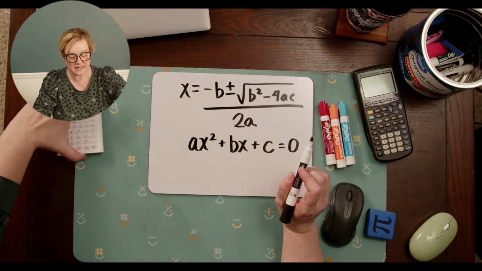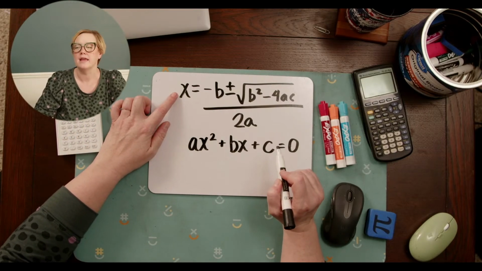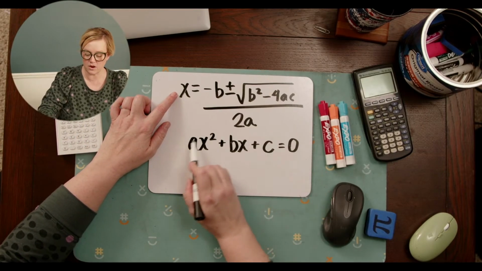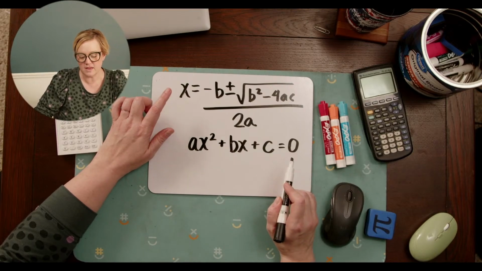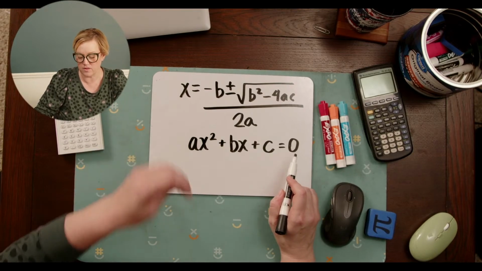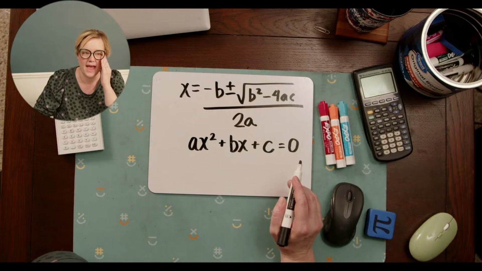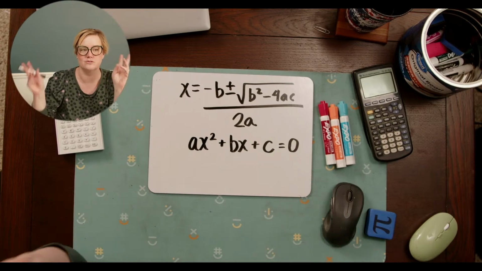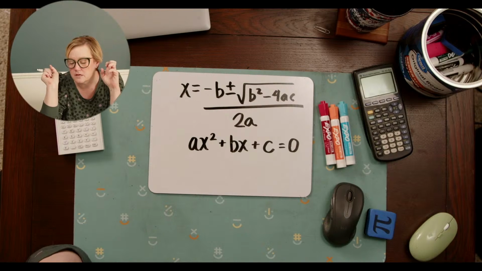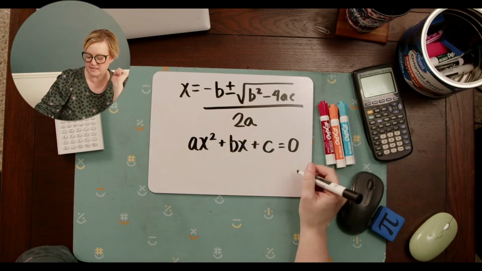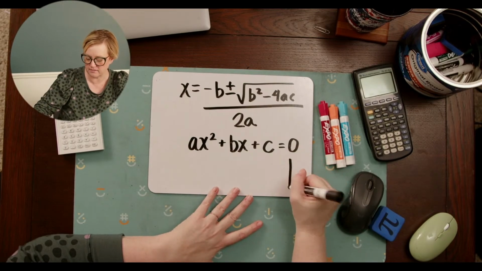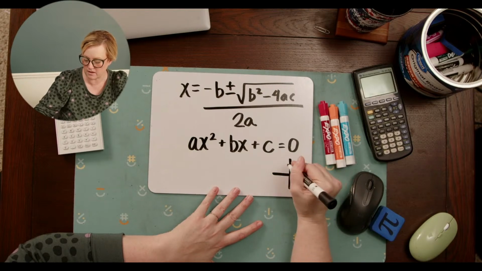Now, x in this case is where the equation equals 0. The x value where the whole equation equals 0 is what you call the solutions, or also the roots.